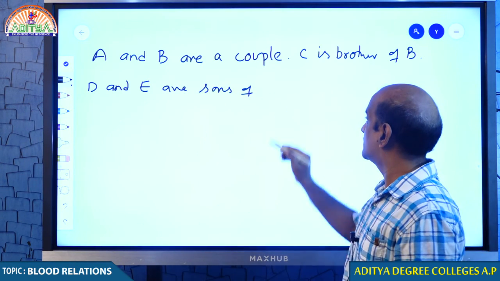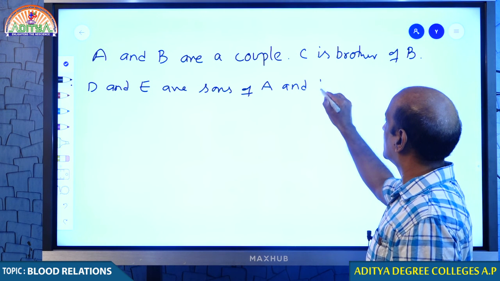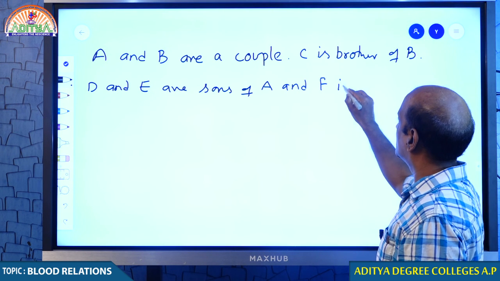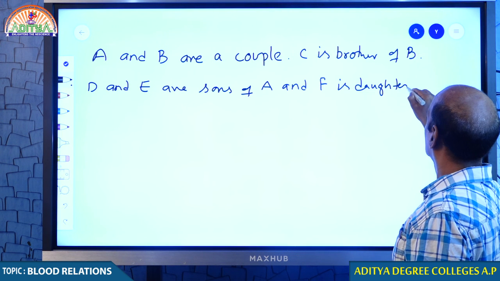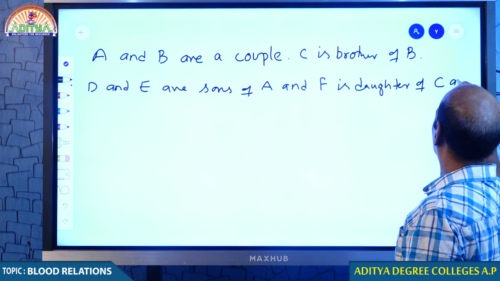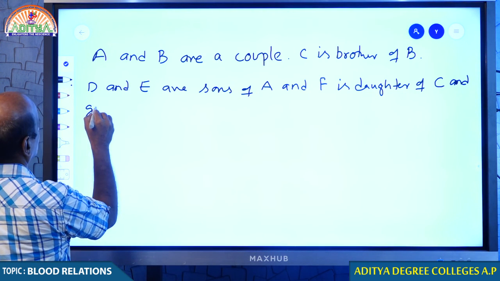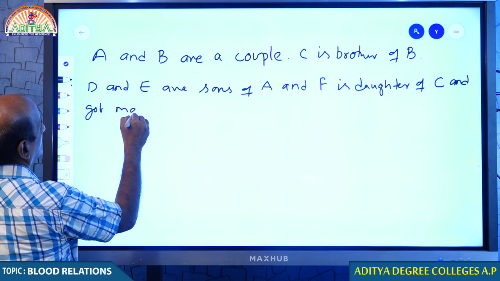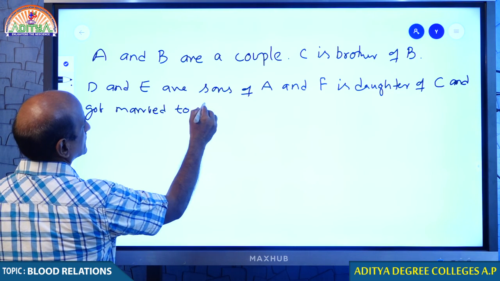D and E are sons of A, and F is daughter of C, and got married to G.